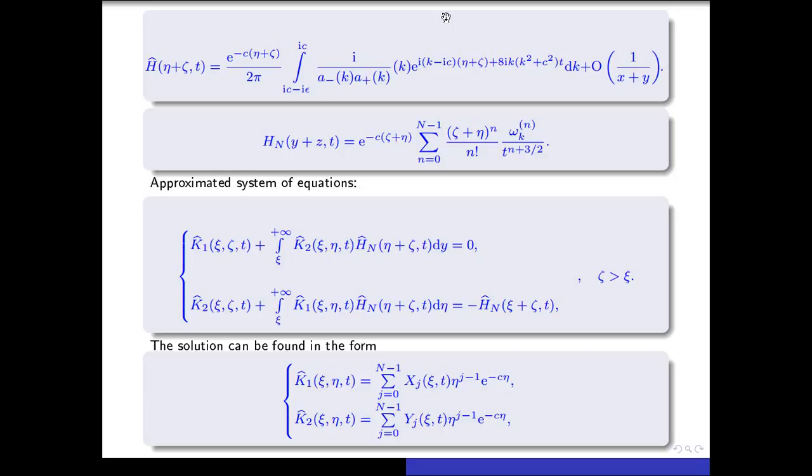Then they proved that the residual series gives a smaller contribution than the partial sum of the series, and they replaced the exponential in the integrand by its partial sum. So they come to a degenerate Volterra integral equation, the solution of which they could find in the following form. And this gave them expressions for asymptotic solitons.